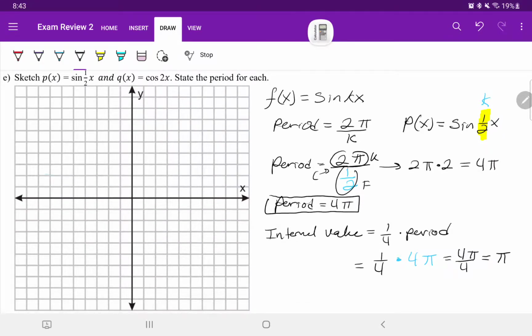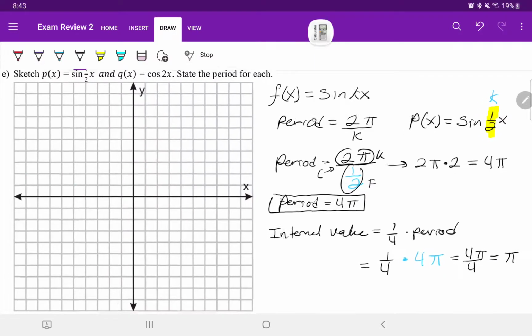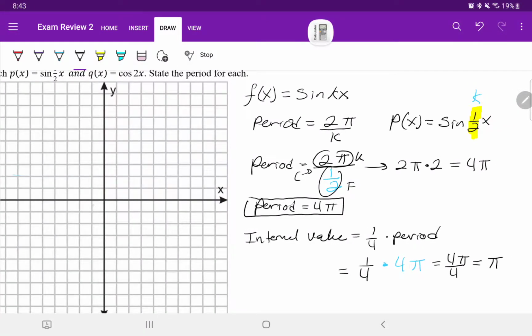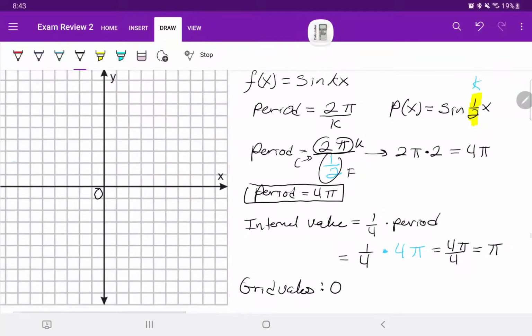And remember, I need 5 grid values. We're going to start off with the first grid value, which is 0. To find the next grid value, you add the interval value to the first grid value. 0 plus pi is pi. That's the second.